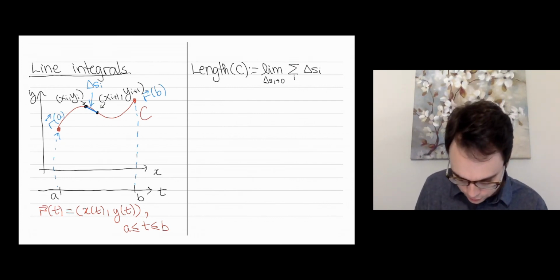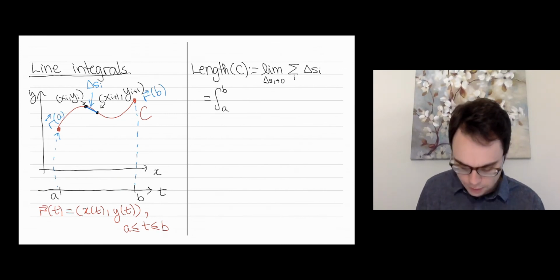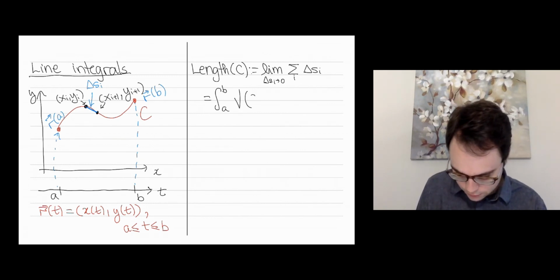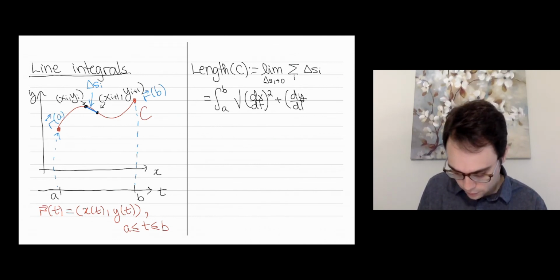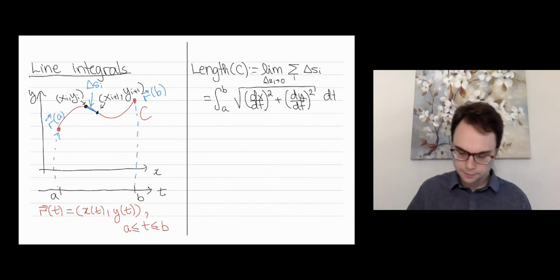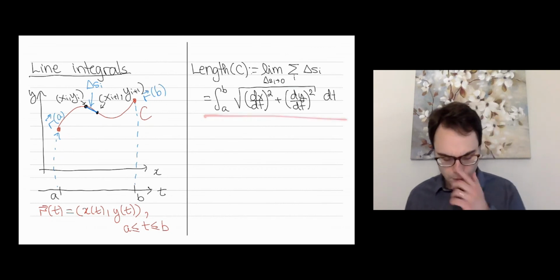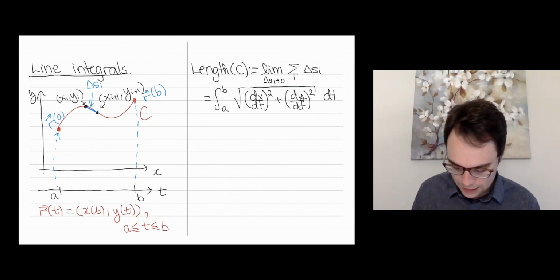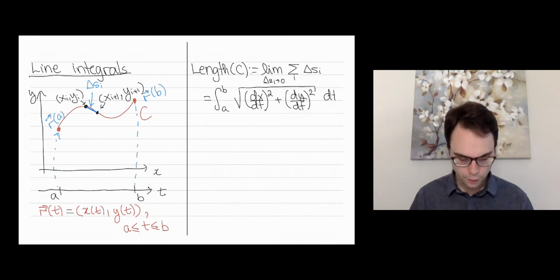So here's that integral. The length is just equal to the integral for t going between a and b of the square root of dx dt squared plus dy dt squared. So this is a function of t, and then you multiply that by dt and integrate. So there you go. You can compute the length of a curve just by integrating this funny looking square root.